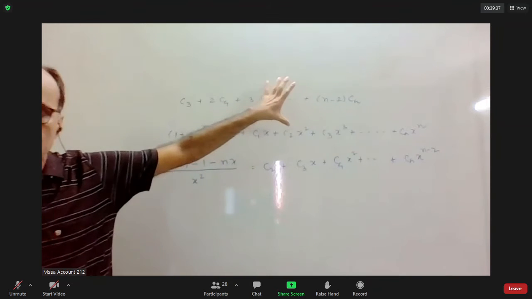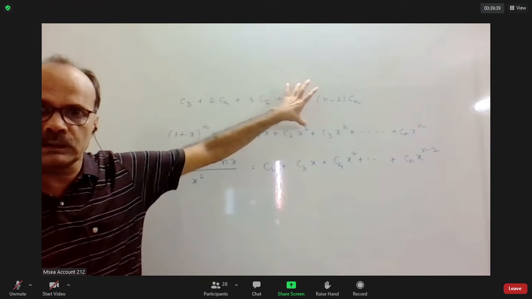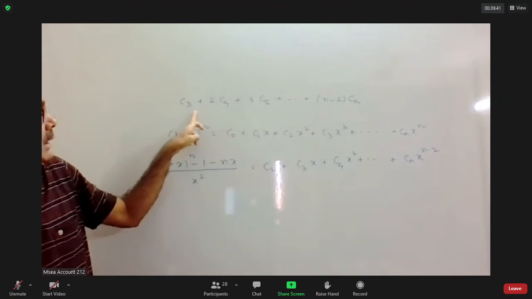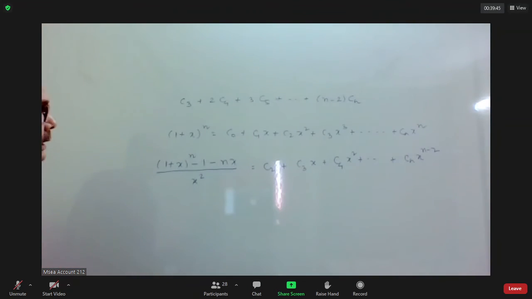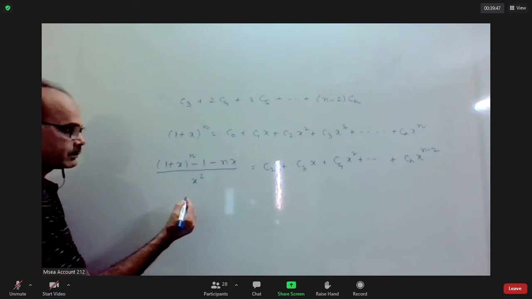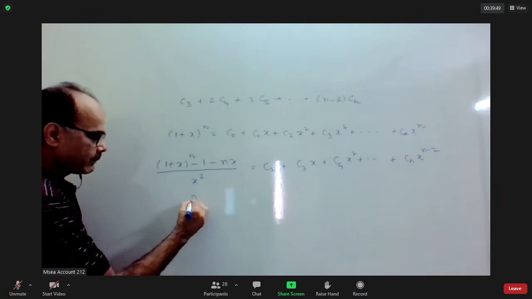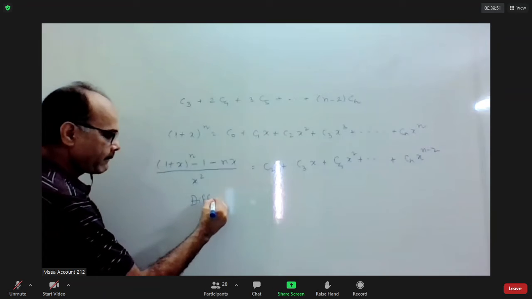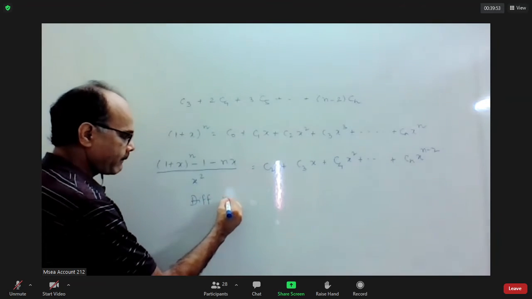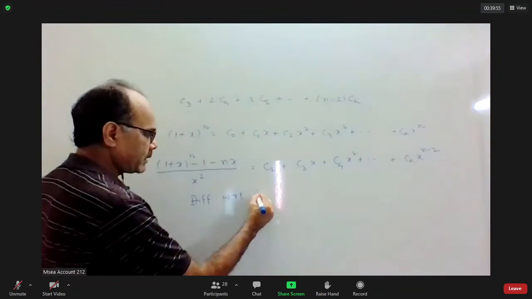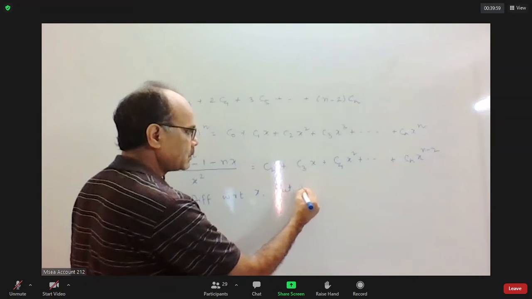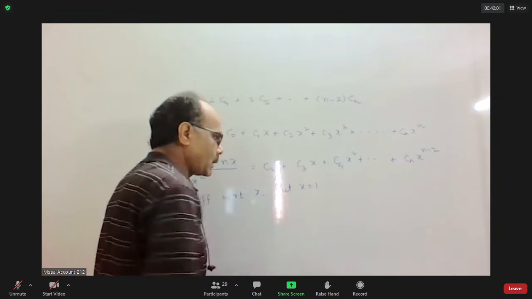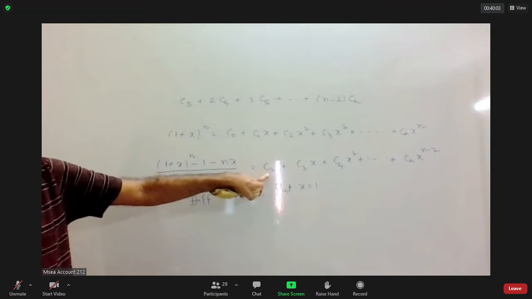First we have to see what we need to prove, what kind of expression we have, and bring this into that form. Differentiating both sides with respect to x, then put x equal to 1. Writing directly, this will vanish.